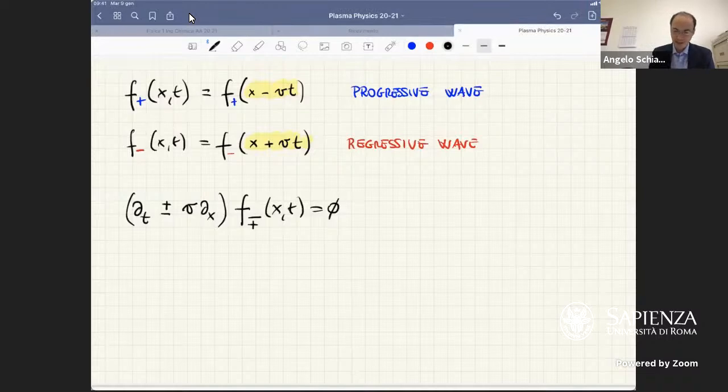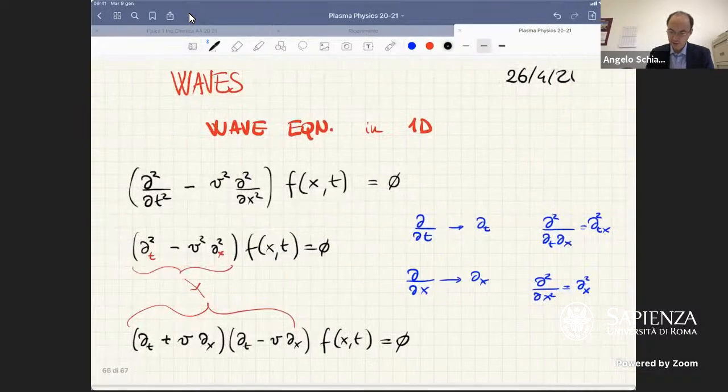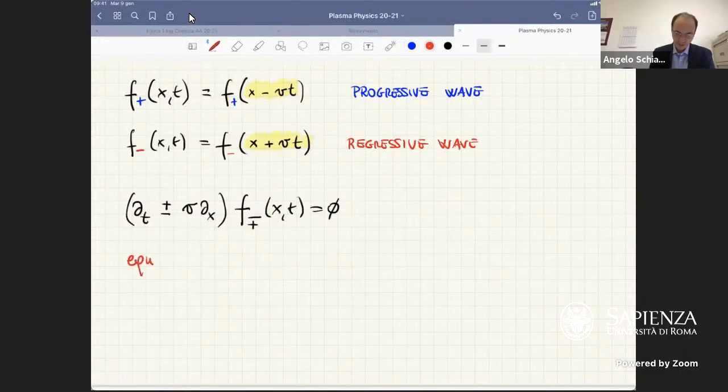So let's take our equation here, let's call it equation 1. And we say that equation 1, which is the wave equation in 1D, is a linear equation, so it's a linear operator. Therefore, we can use the superposition principle.